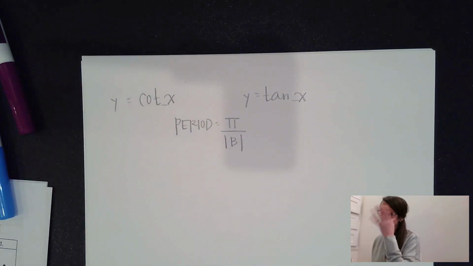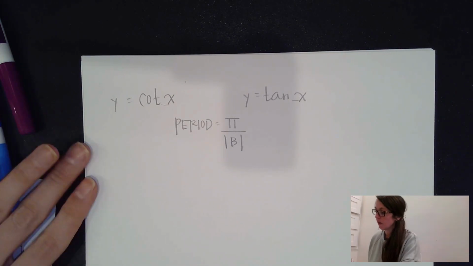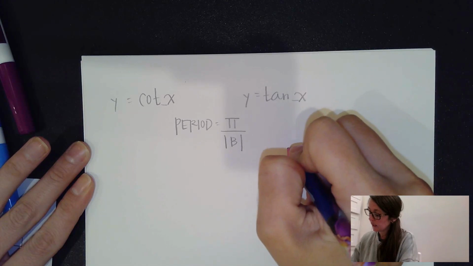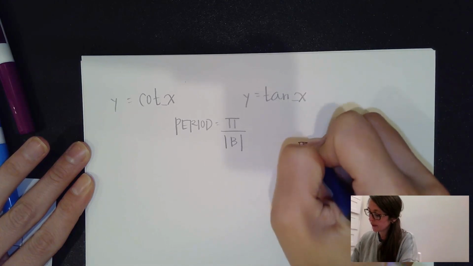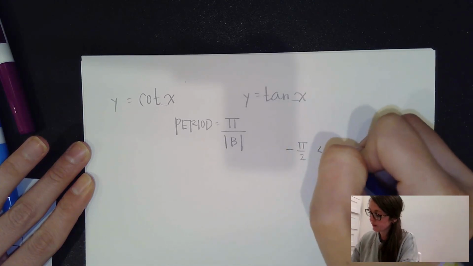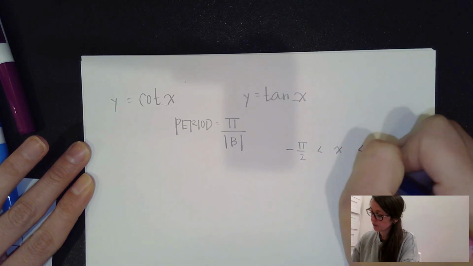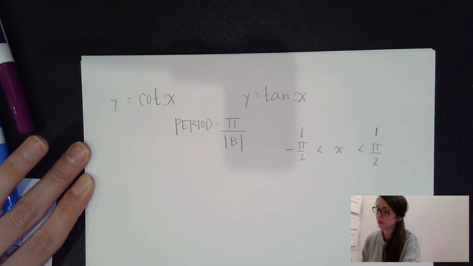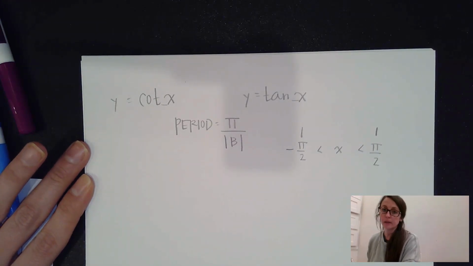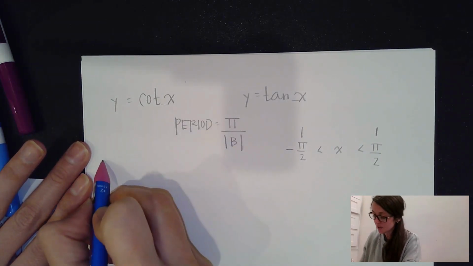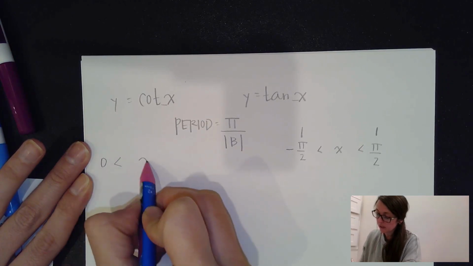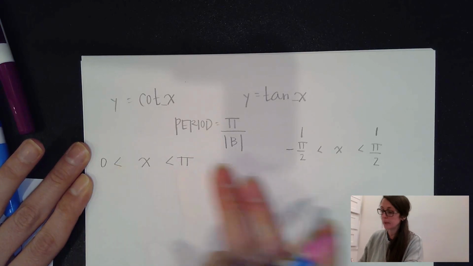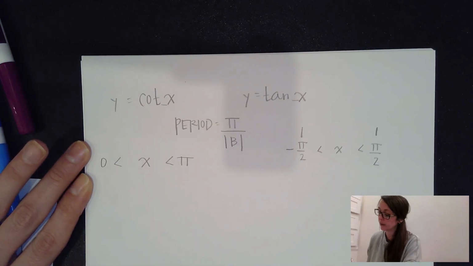So if it was negative, it would definitely turn into a positive. Alright, so for tangent, the asymptotes live at negative pi over 2 and pi over 2. For cotangent, the asymptotes are going to lie between 0 and pi. That's a period of pi.